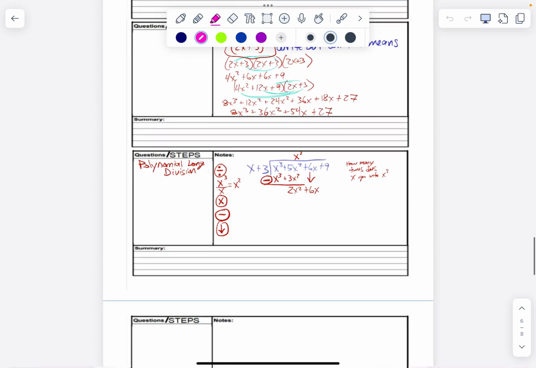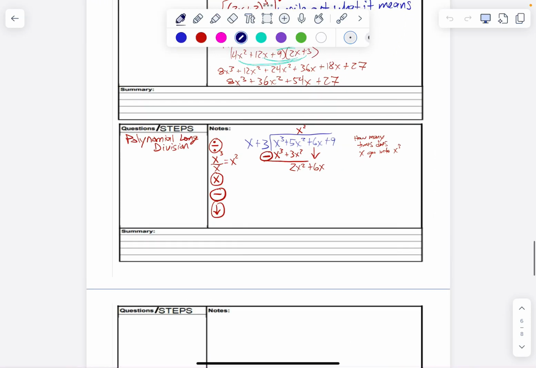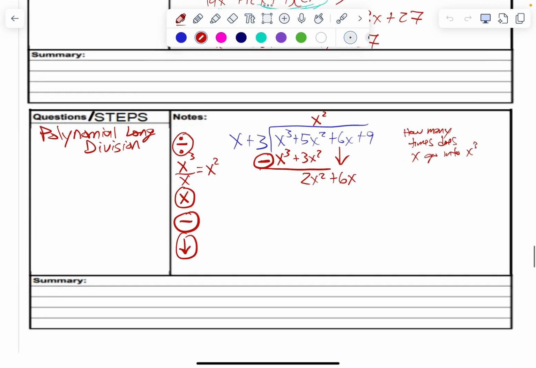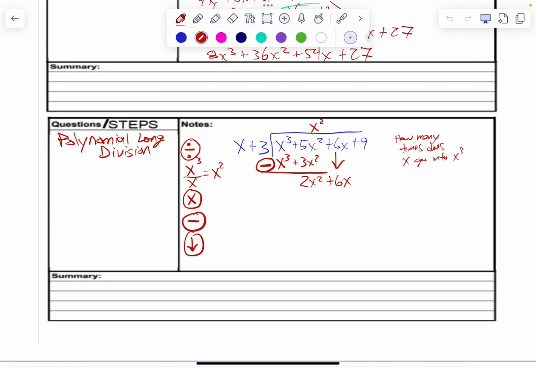We're going to do a couple different ones of these. Quick reminder: our long division cycle is divide, multiply, subtract, and then bring down the next term.